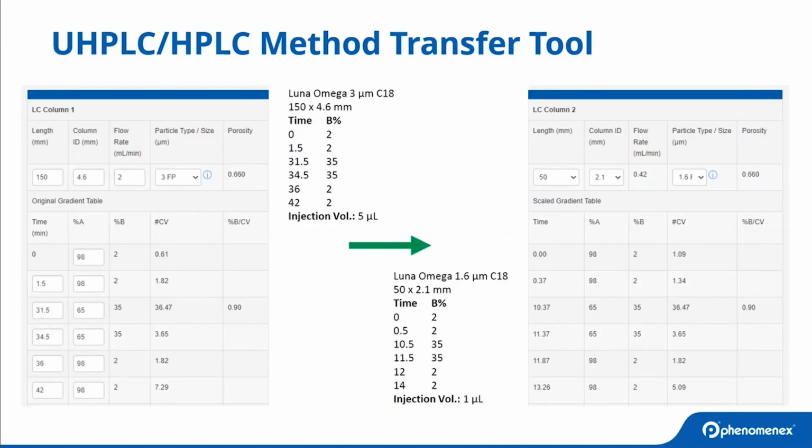Here's a comparison of the web tool with the actual gradient tables that we used. Keep in mind that as with any online tool or online calculator, they are fantastic references, but you can see here that with some of the numbers generated, for example, with some of the recommendations for the times when we scaled down to the 1.6 micron particles, the recommendations for times were 0.37 minutes, 10.37 minutes.